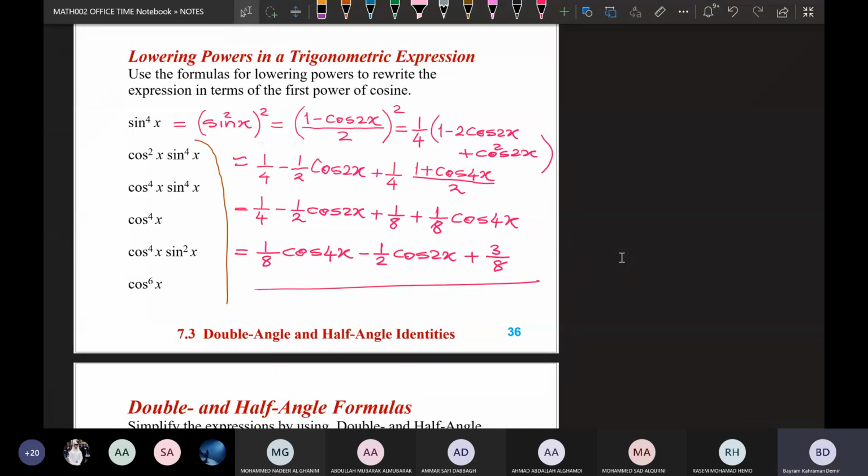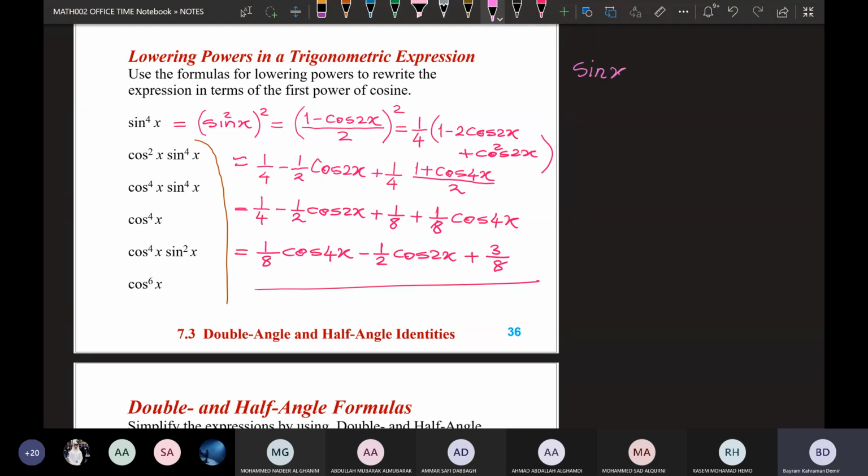Now, lowering the powers of trigonometric expressions. If we have, for example, sine to the fourth power of x, that means it is the square of the sine square. Let me write it here again for you.